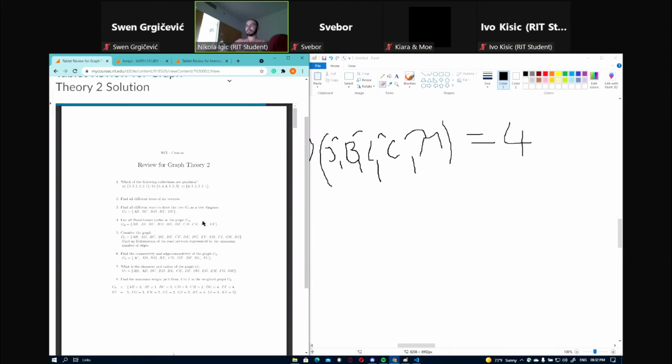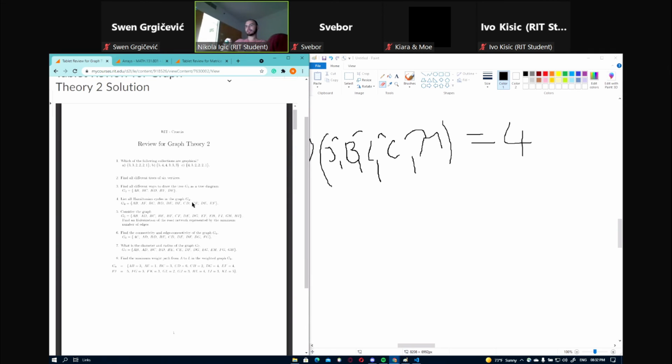And the graph theories, a lot of them won't come. I'm not even sure if one from this is going to come. This one is pretty easy. You can write this as 2 times something, which means an even number. If this is even, it's graphical. If it's not, it's not.